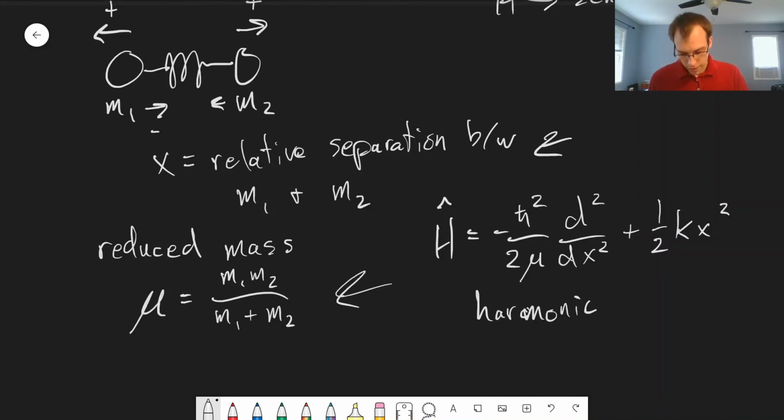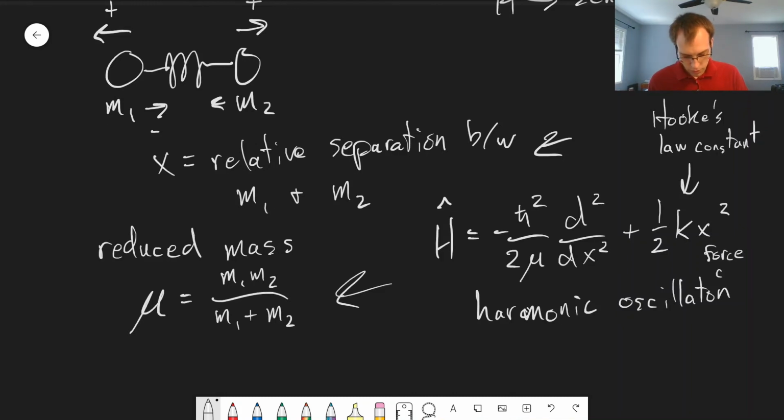Now, one thing I haven't mentioned yet is what does this k represent. This is sometimes called the Hooke's law constant, or commonly also the force constant. And this is a measure of how stiff a spring is, or how strong that spring is.